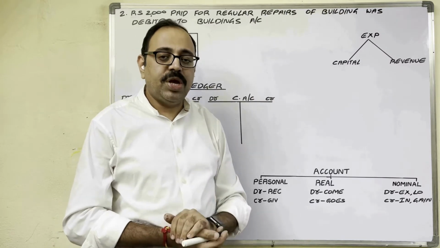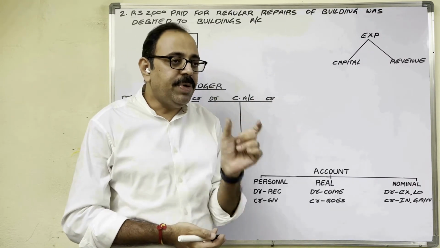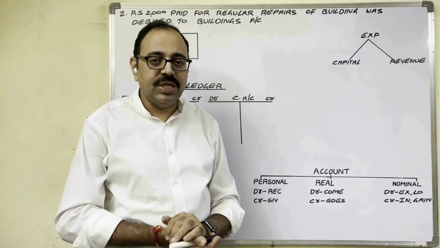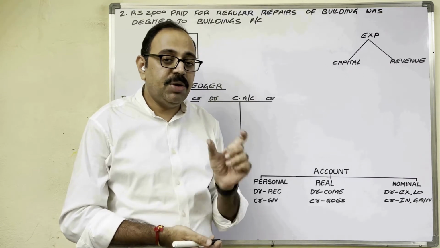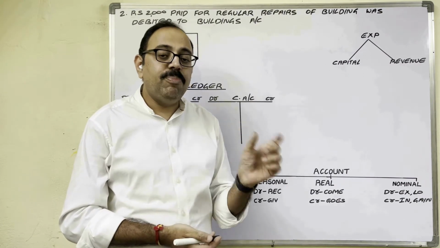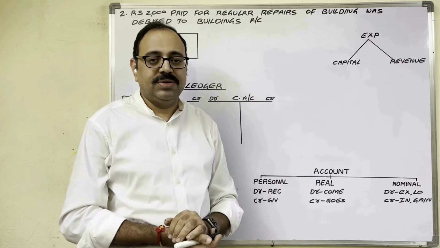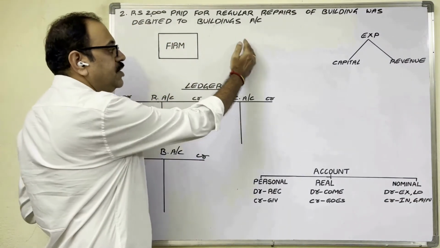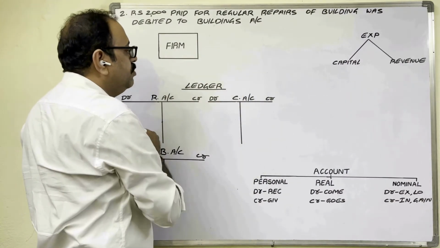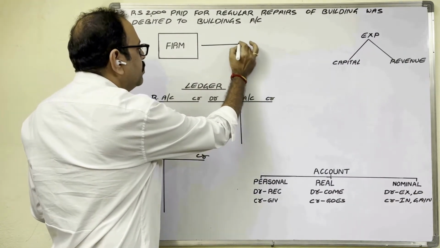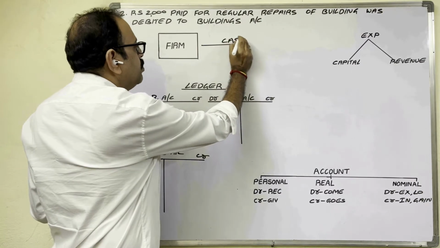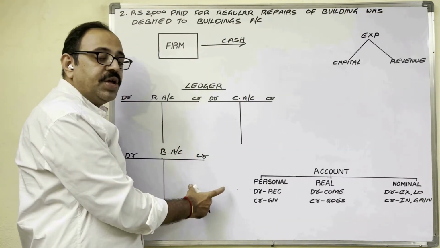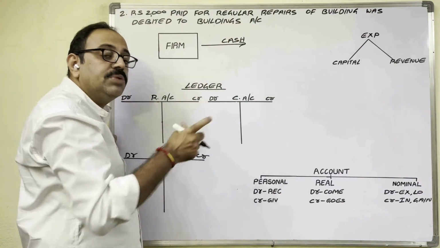If it is a revenue expenditure, then that expenditure name we have to show clearly in the journal entry. Expenditure name is repair. So repairs account debit to cash account. This is the correct entry. The firm is paying repair charges, so from the firm, cash is going towards repair expenditure. To write the rectification of error entries, we have to follow some steps.